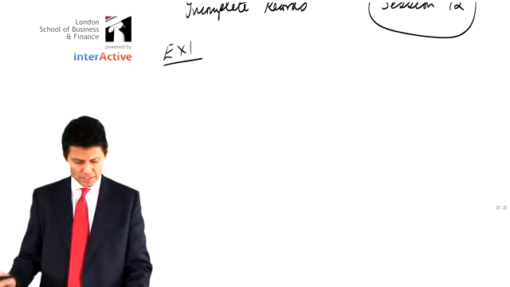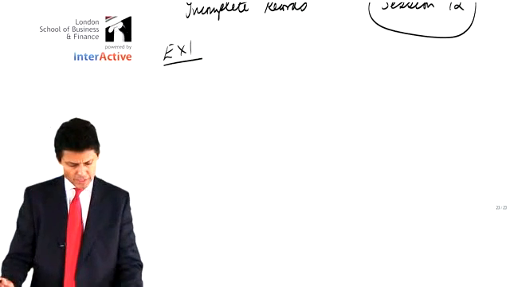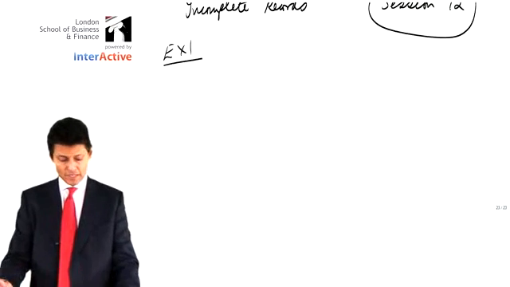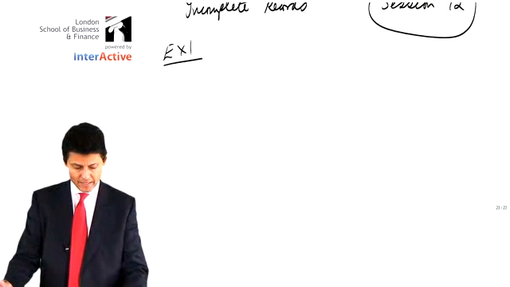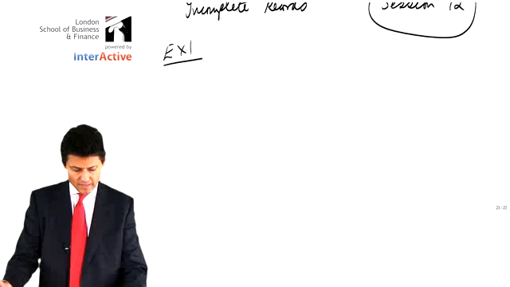Right, let's go. Example 1. A sole trader's statement of financial position at 31st December 2006 shows that the business has net assets of 5,000. The statement of financial position at 31st December 2007 shows that the business has net assets of 8,000. So near 2006 you can write opening, near 2007 you can write closing. The owner's drawings for the year amounted to 2,500 and he didn't introduce any capital in the year.